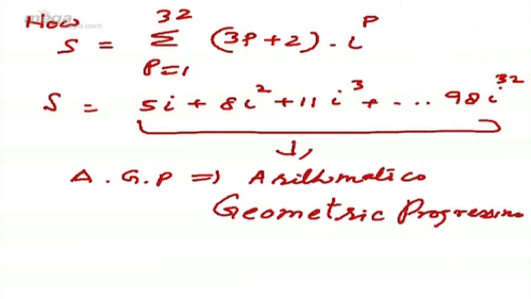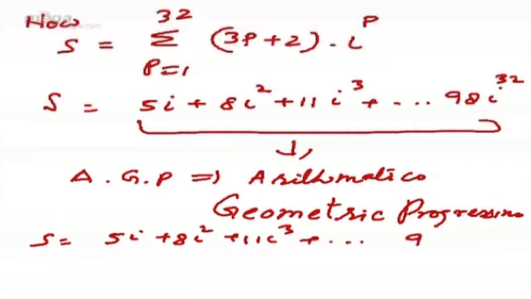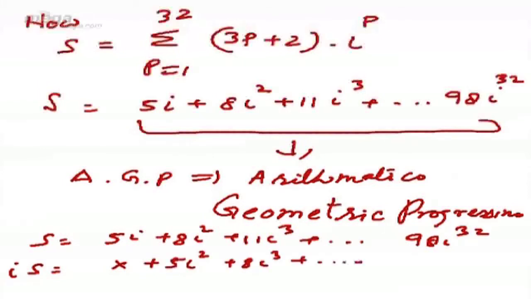The sum of the series can be written in a very simple way, that is S is equal to 5i plus 8i square plus 11i cube till 98i to the power 32. You multiply i into S is equal to, and leave the first place, 5i square plus 8i cube till 95i to the power 32 plus 98i to the power 33.